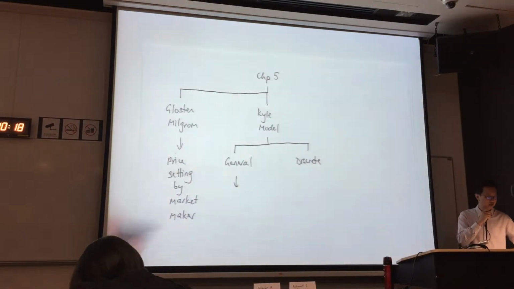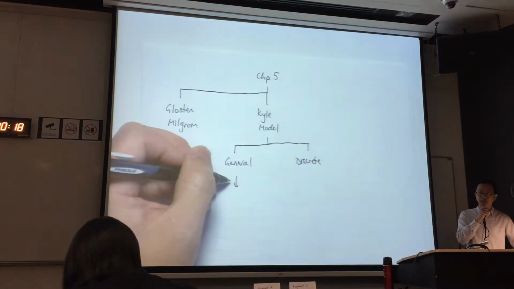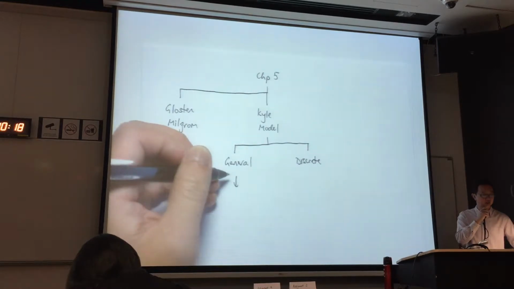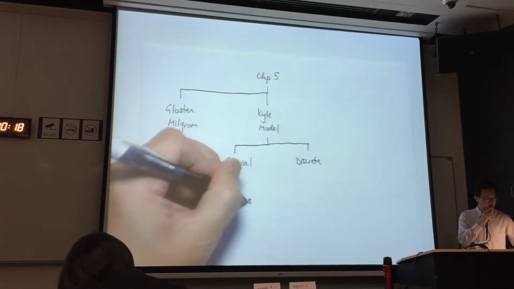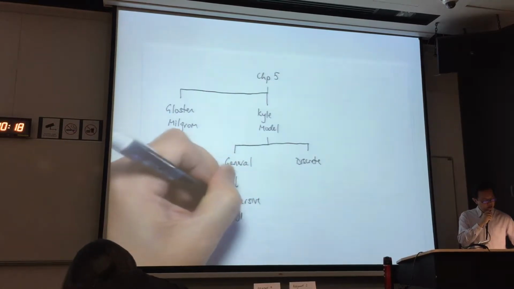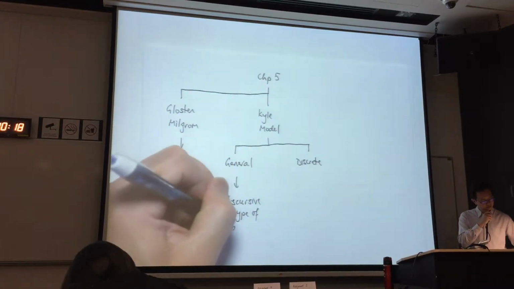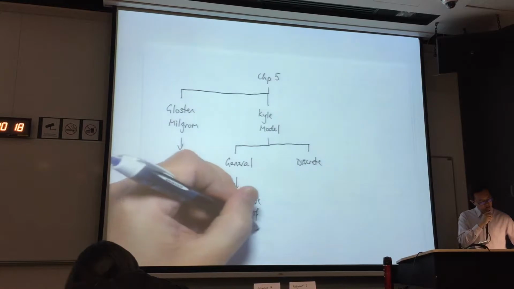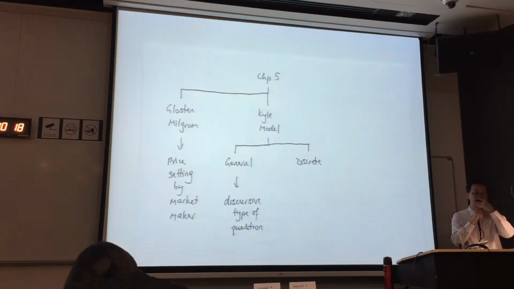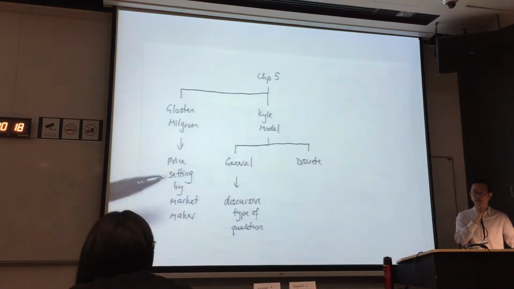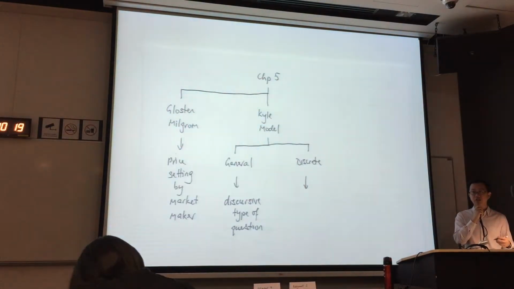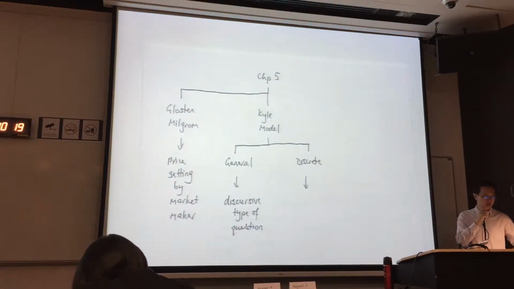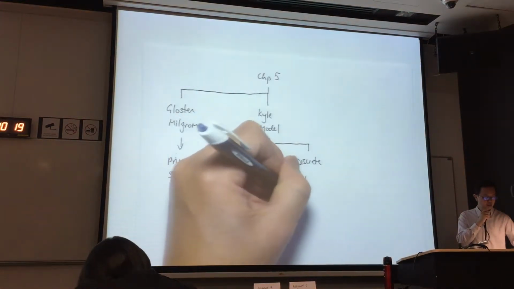The type of question on the general model is the discursive type of question. There will be no calculation when we talk about this general model. If it's calculation, usually the question is structured on the discrete model, so there will be a computation.